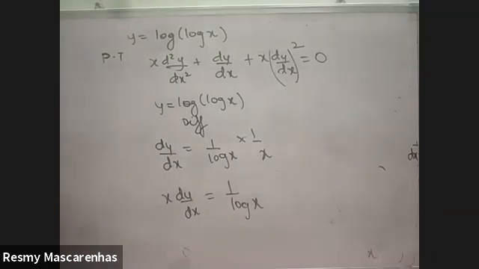You can try various ways, whichever way. Then only thing it might get complicated, but once you start solving and substituting, you will get the answer. Okay, now you can differentiate it for the second time.